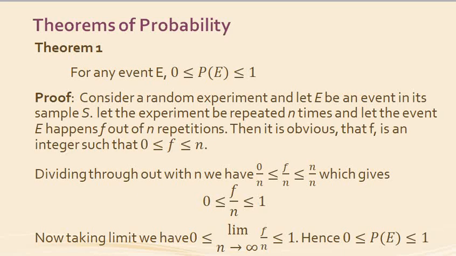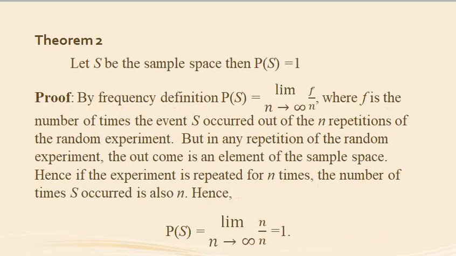So we have 0 less than or equal to f less than or equal to n, and if we divide throughout by n, we get 0 less than or equal to f by n less than or equal to 1. And now by taking the limit, we have 0 less than or equal to the limit as n tends to infinity of f by n less than or equal to 1. But the limit as n tends to infinity of f by n is P of A, which gives the result. So 0 less than or equal to P of E less than or equal to 1. So the theorem is proved.